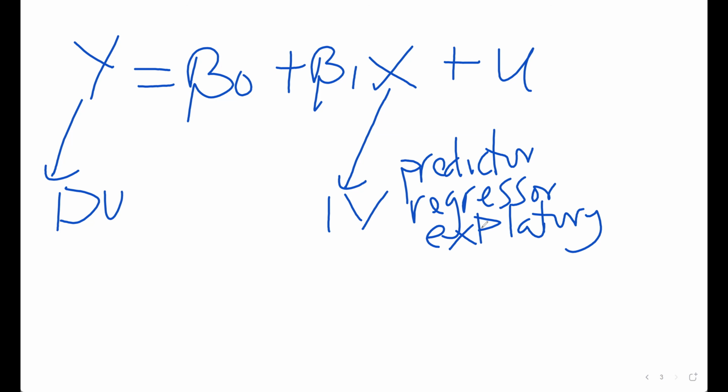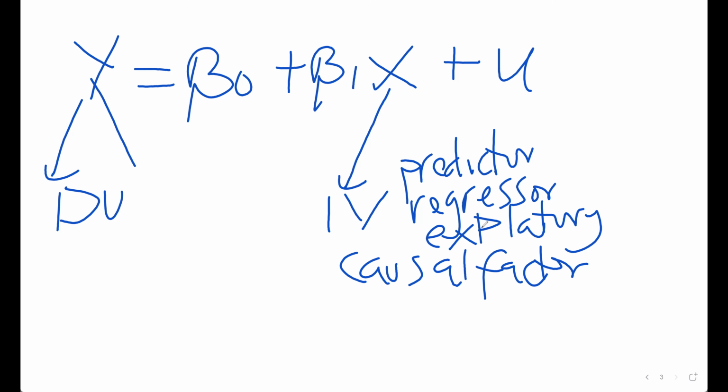Now, I'm going to tell you the relationship between the dependent and independent variable. The behavior of the independent variable causes the behavior of the dependent variable. So the independent variable is a causal factor. It is a cause, whereas the dependent variable is a recipient of that cause.